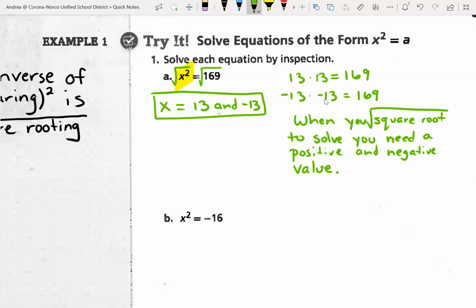When you square root to solve, you need a positive and a negative value.